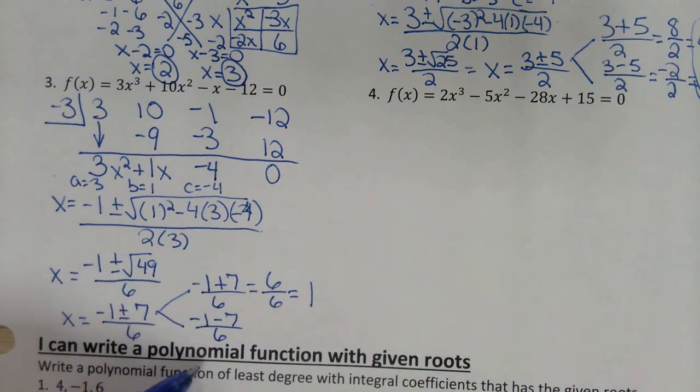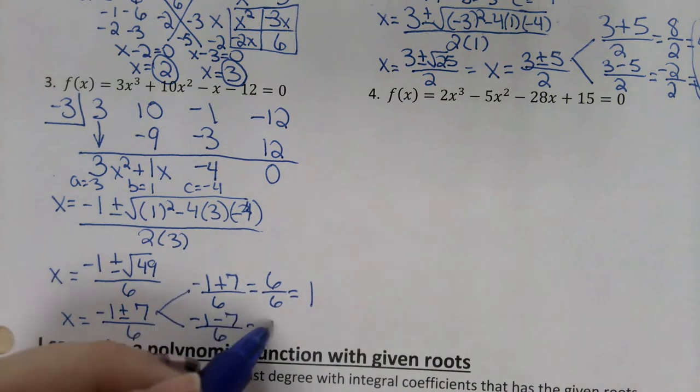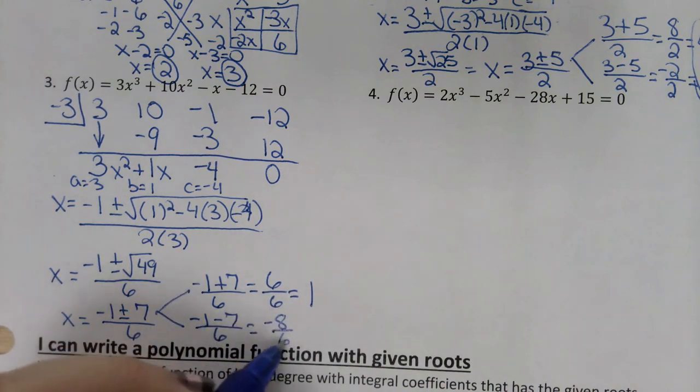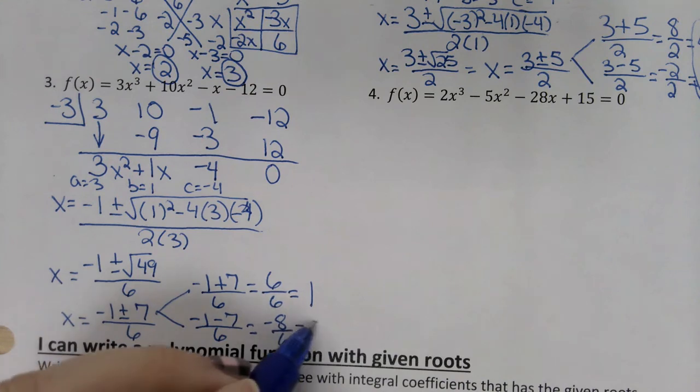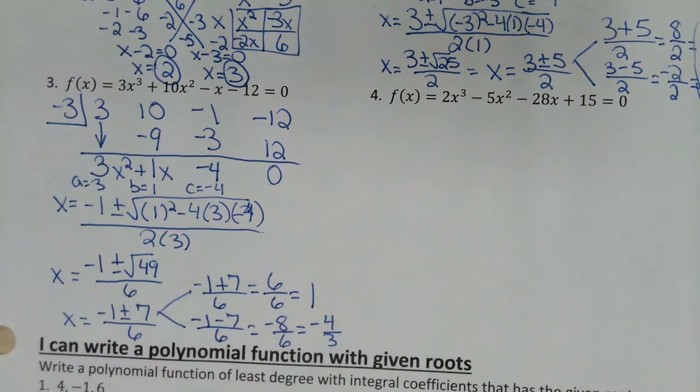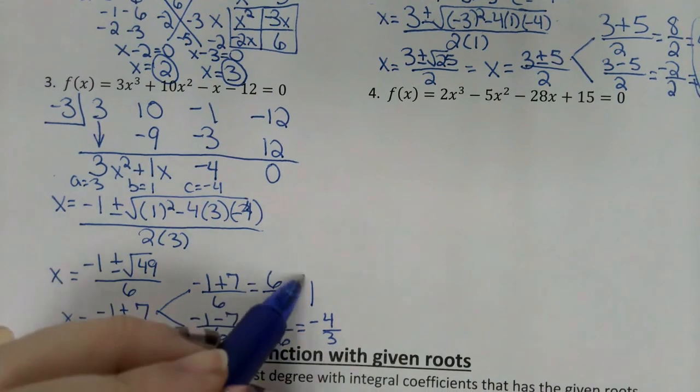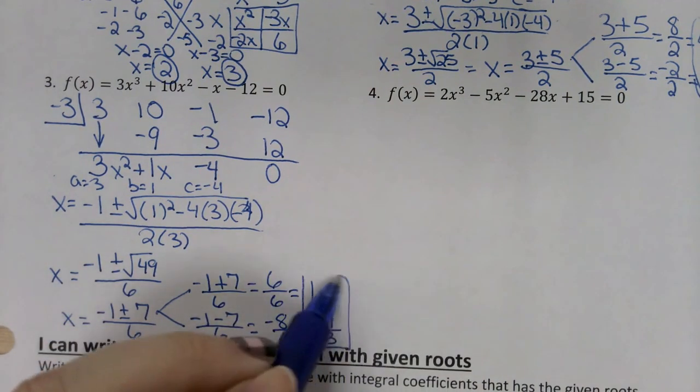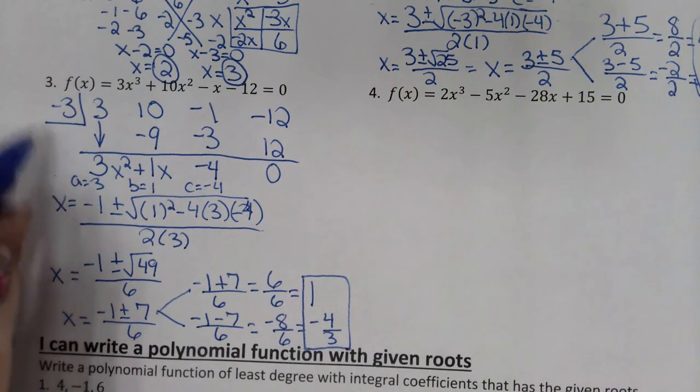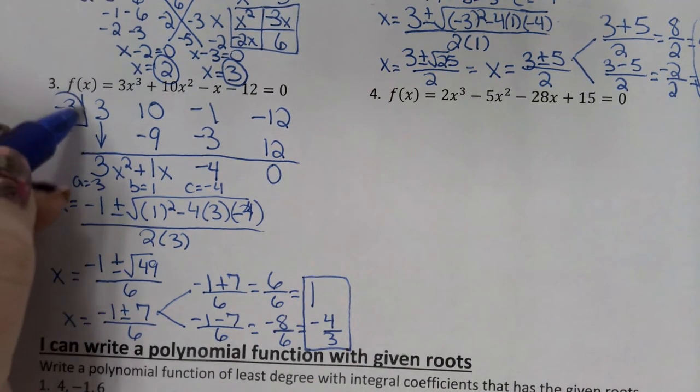Negative 1 minus 7 over 6 gives me negative 8 over 6, which reduces to negative 4/3. That's the fraction one that I was seeing on my screen when I graphed it. So there's 2 of my solutions, and my third solution came up here.